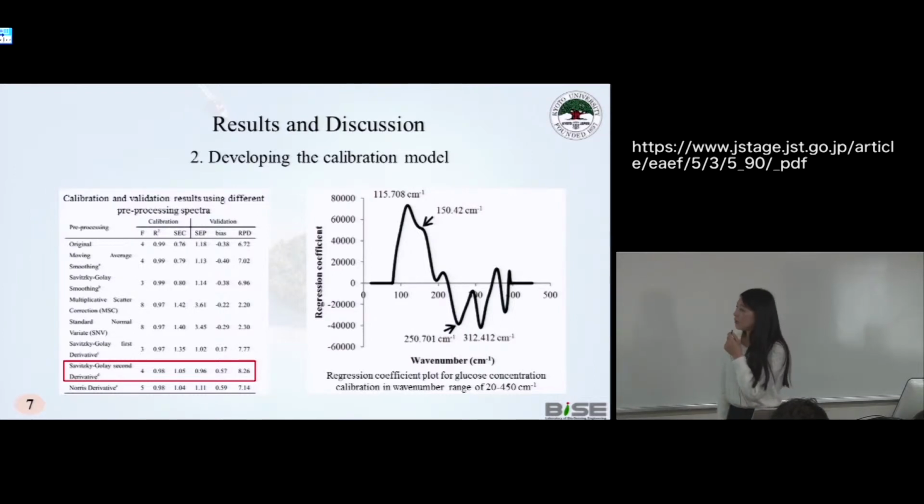Also, you can see the regression coefficient was 2 times higher in the low frequency region than that in the high frequency region. It indicated that the intermolecular hydrogen bonding was higher than that of the intramolecular vibration mode in glucose concentration.